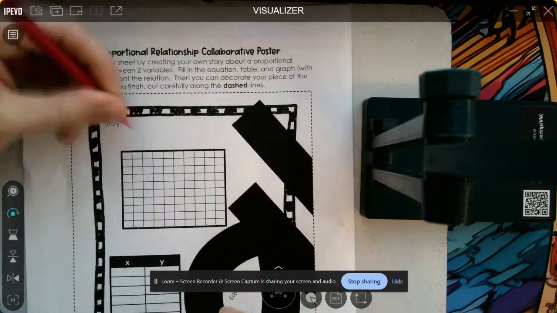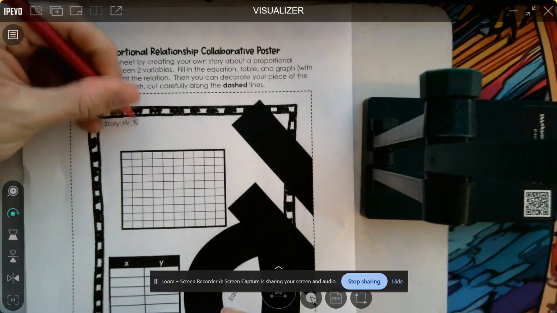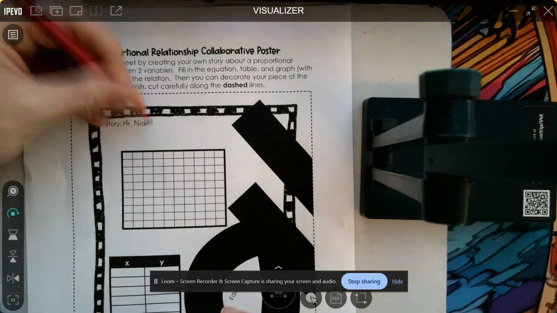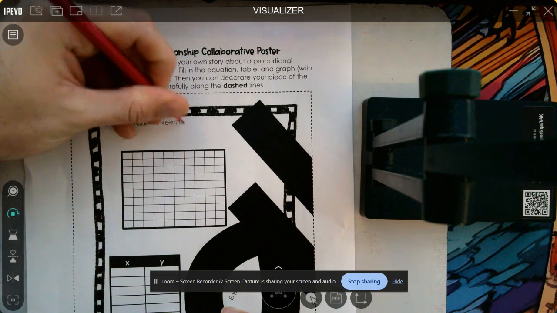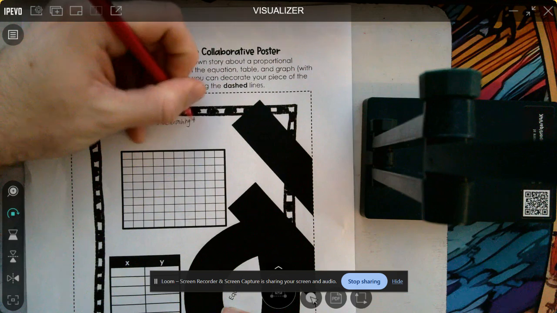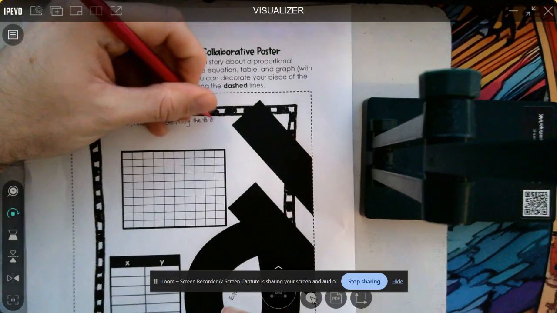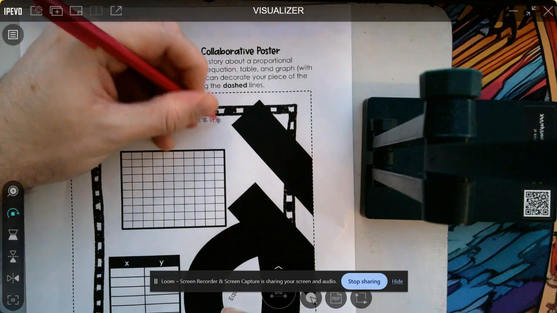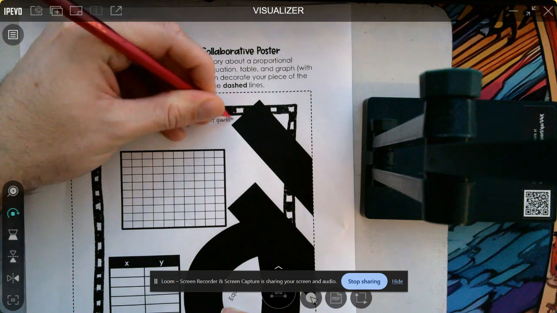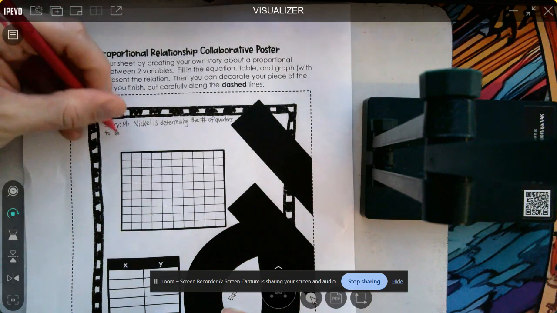Okay. So my story is Mr. Nickel is determining the number, I'm going to abbreviate for the sake of space, the number of quarters to different dollar amounts.